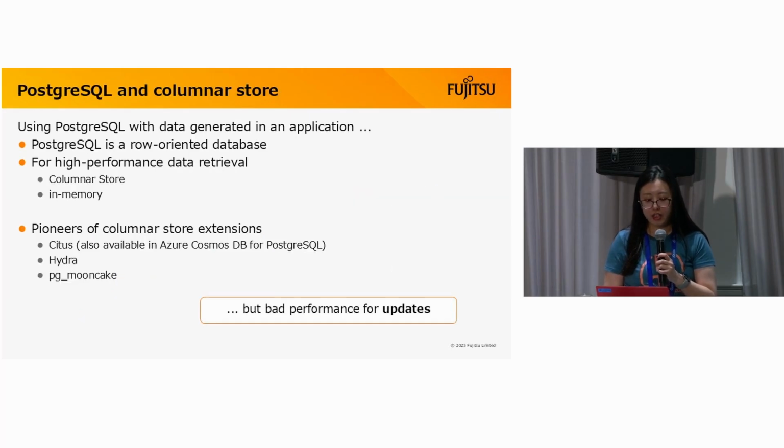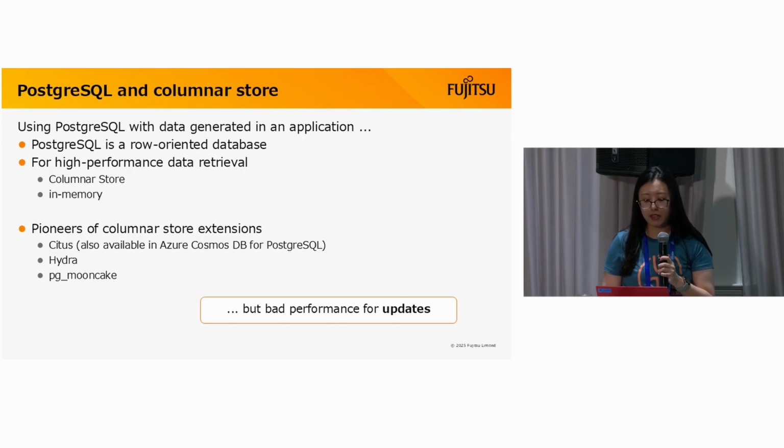Now, we explain what to do when you use the columnar store feature in Postgres. Postgres is a row-oriented database that stores data on a page row by row. Therefore, when performing data analysis using data generated in business operations, a columnar store or some in-memory feature may be used to improve scanning performance.